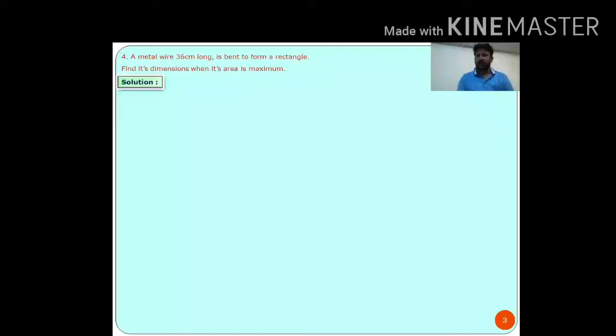Solution for the problem. Initially we mention the given part: a metal wire whose length is 36 centimeter is bent to form a rectangle. See on the screen, the wire of 36 centimeter is bent to form a rectangle.